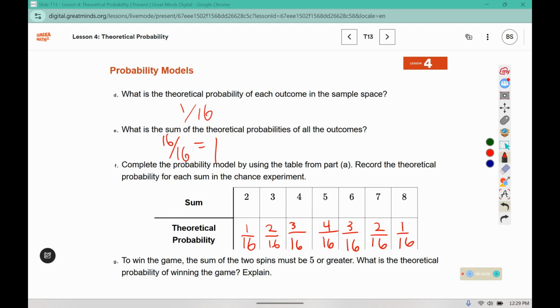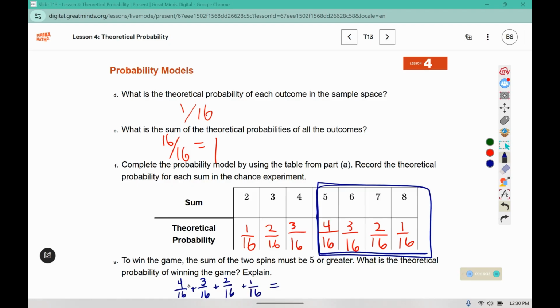To win the game, the sum of the 2 spins must be 5 or greater. What is the theoretical probability of winning the game? Well, 5 or greater would be all of these possible sums. So we have 4/16, 3/16, 2/16, and 1/16 all combined.